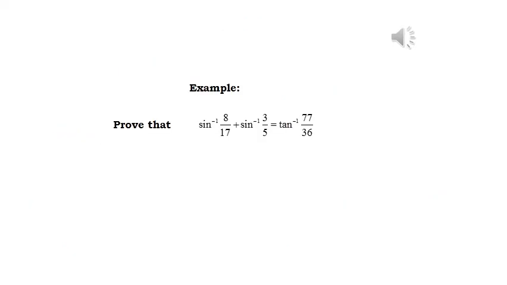Prove that sin inverse of 8 by 17 plus sin inverse of 3 by 5 equals tan inverse of 77 by 36, only by means of the conversion method we discussed in the previous slide. Using those ideas we can solve it and get the result.